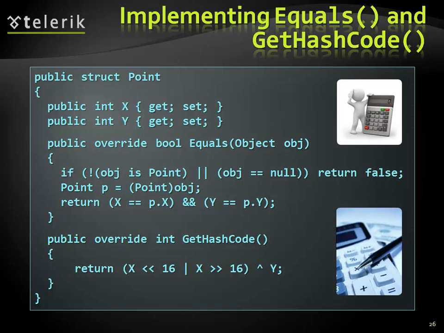Yes, yes. The colleague is right. If you have some data type, its hash code should consist of everything which it has in its variable fields, meaning that point has x and y. So both x and y should participate in our hash code.